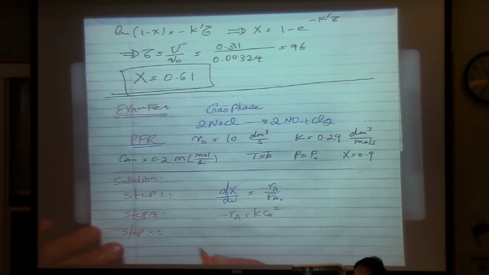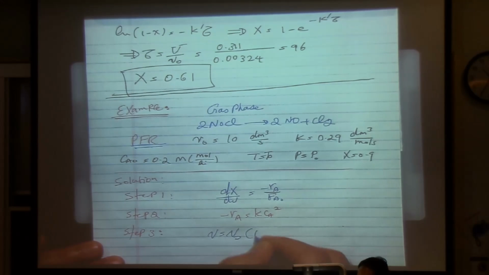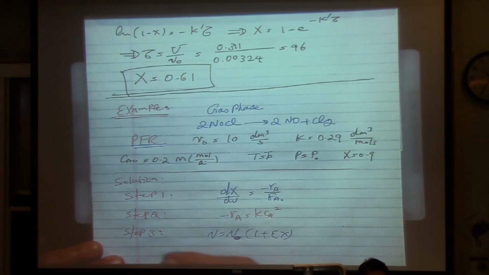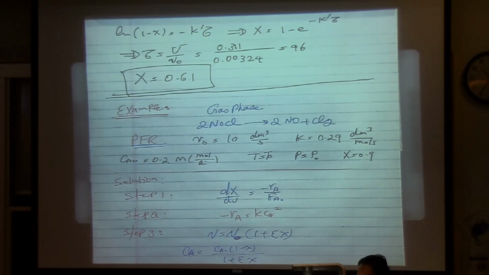If you remember, V was V0 times (1 plus epsilon X), and that's going to be in the denominator of the equation. Your CA in the previous example was CA0 times (1 minus X). In this equation, your CA is CA0 (1 minus X) divided by (1 plus epsilon X). This term is the additional one.